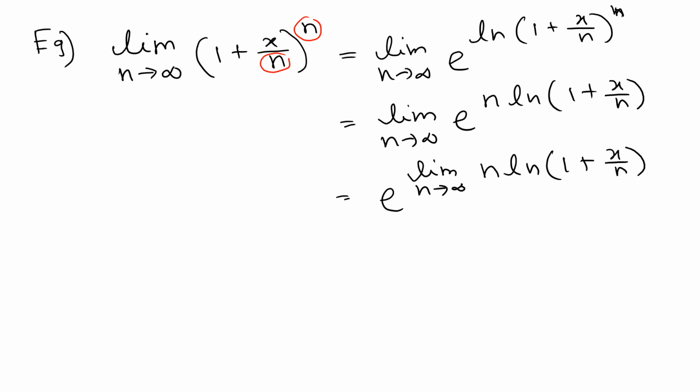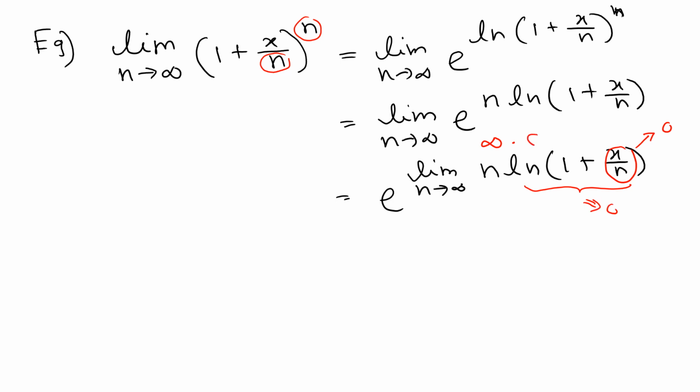Let's see what happens when n goes to infinity. The first term goes to infinity. The second term, x, is like a constant, just a fixed number, and as n goes to infinity, this whole term goes to 0, because ln 1 is 0.